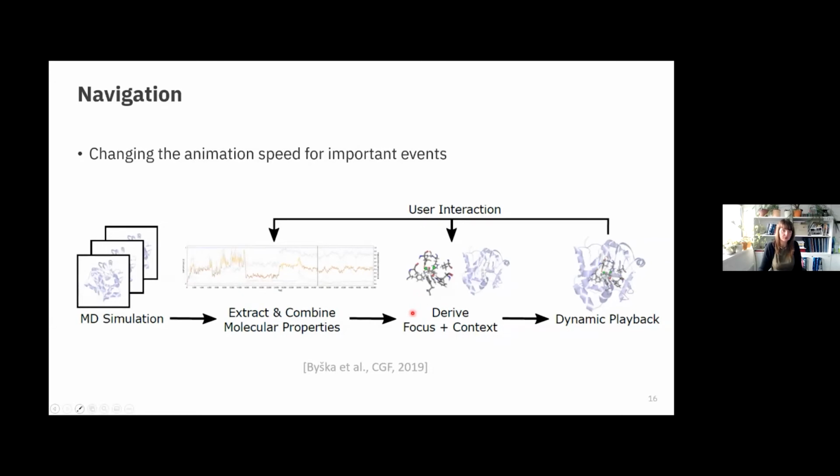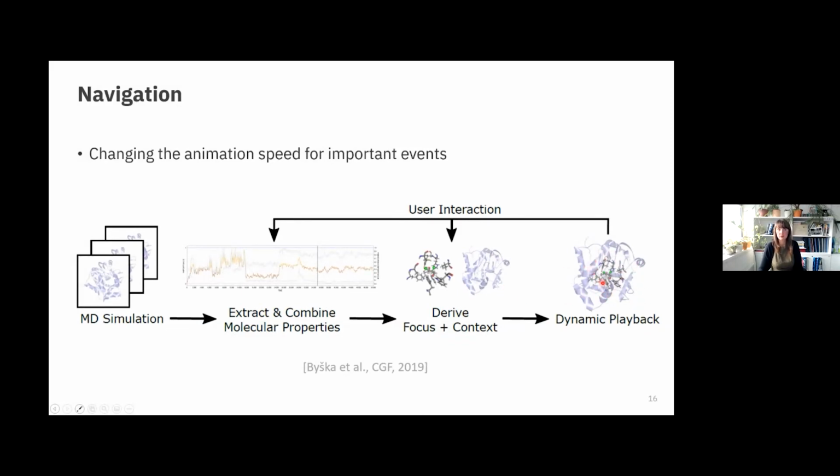From the spatial point of view, if there is a peak, something interesting in this descriptive function, then we locate where this important thing is happening in the protein. Then this important part is shown in more detail, and the rest of the molecule is visualized in a very abstracted way.